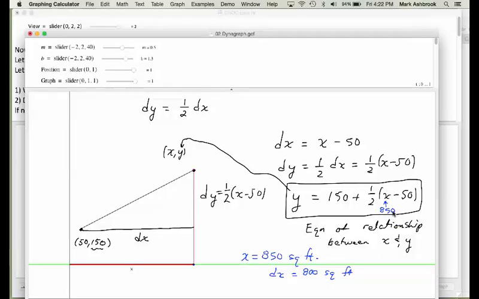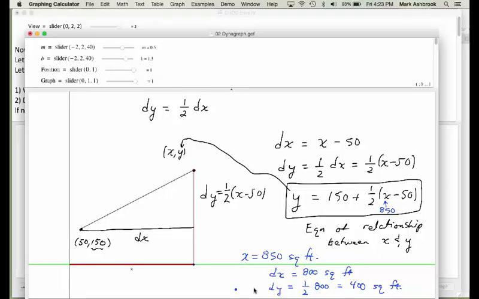Our change in x. And then what does this do? Well, we know that the change in the amount your friend has painted is always 1/2 of the change in the amount you painted. So dy is going to be 1/2 of that. So 1/2 of this 800 square feet is 400. And then that additional amount painted by your friend, the 400, you would add to how much your friend had painted before to get the new total amount painted by your friend.